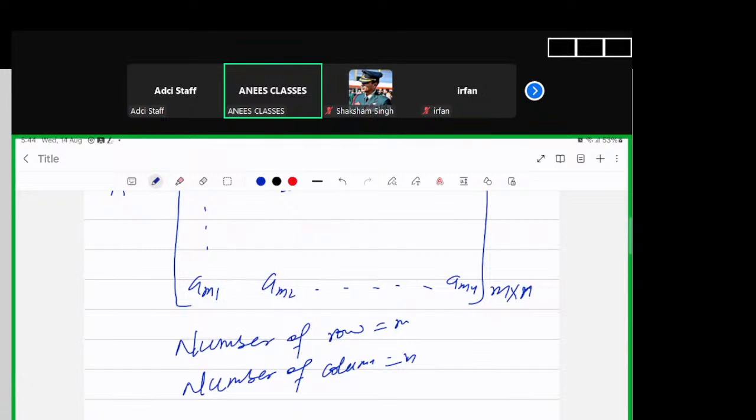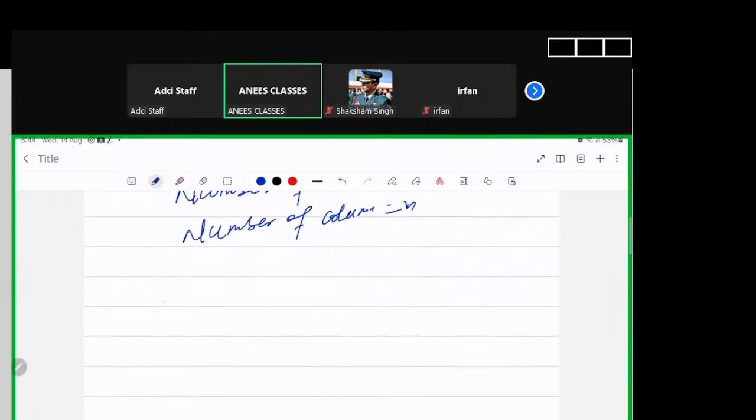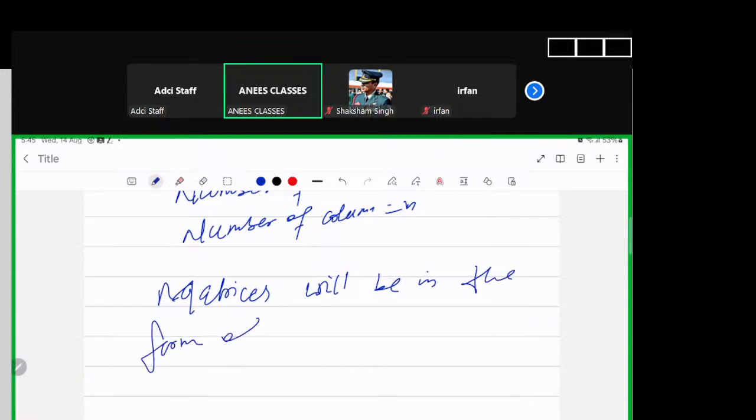So a matrix is in the form of a rectangular structure.